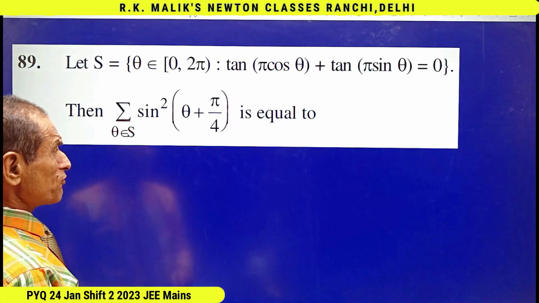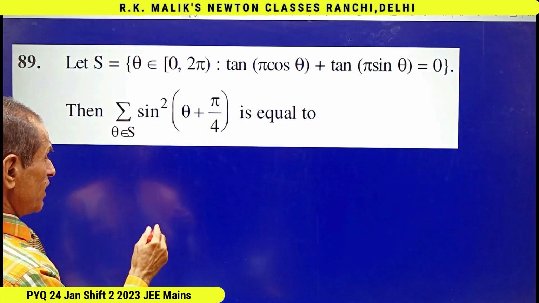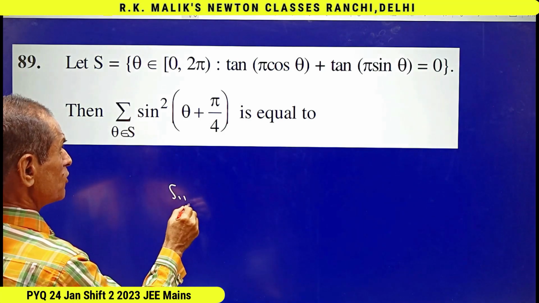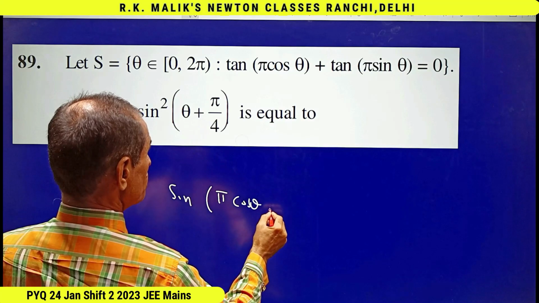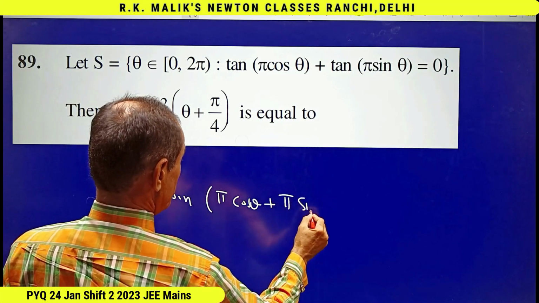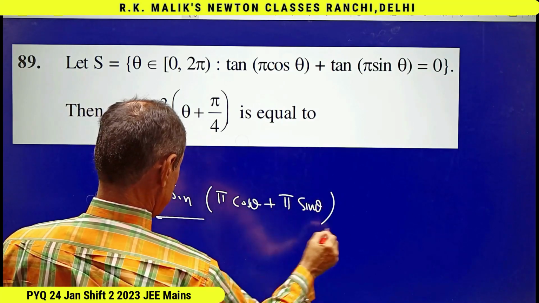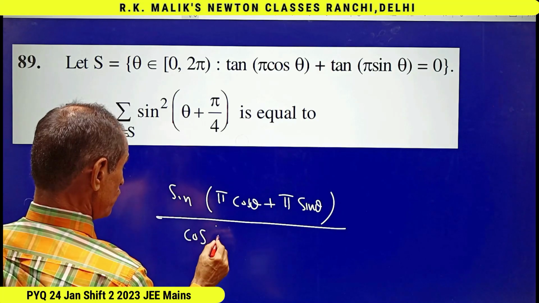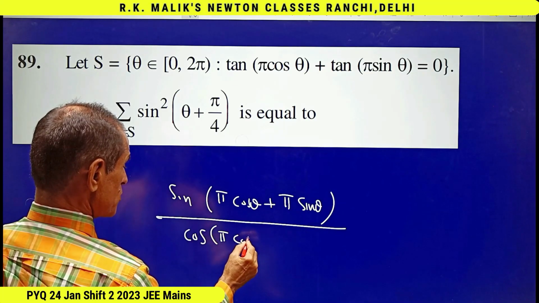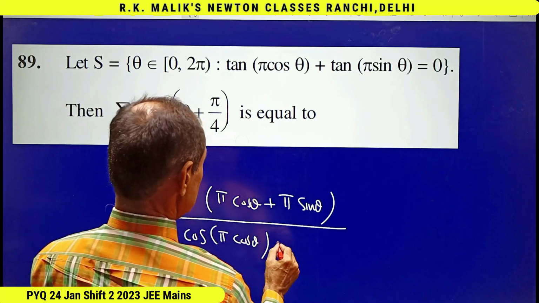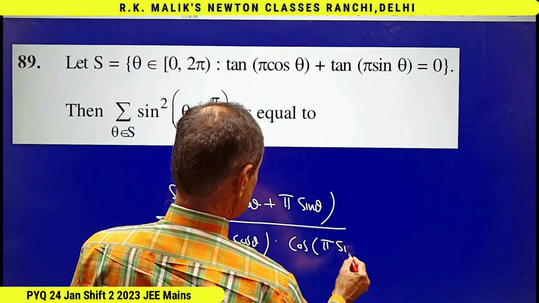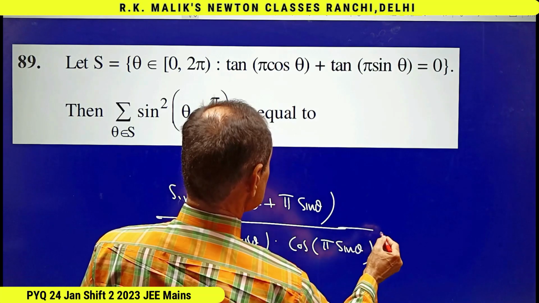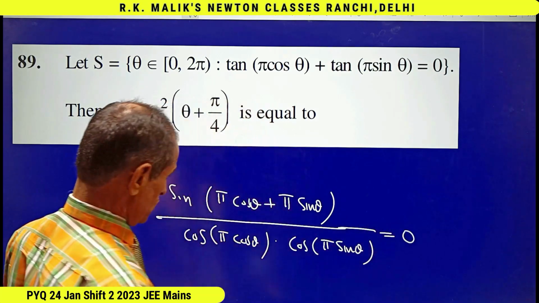Using that formula, I can write it as sine of pi cos theta plus pi sin theta upon cos of pi cos theta into cos of pi sin theta equal to 0.